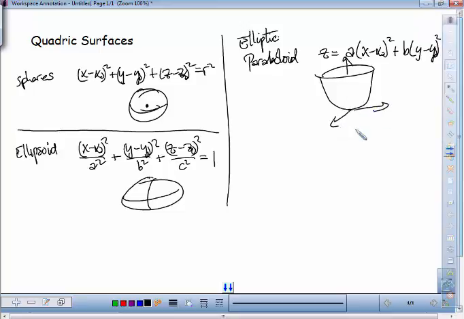So that's a paraboloid that has cross sections that look like ellipses. I guess I should have divided by a² and b². That's probably how it looks. Actually, let me do that, sorry.